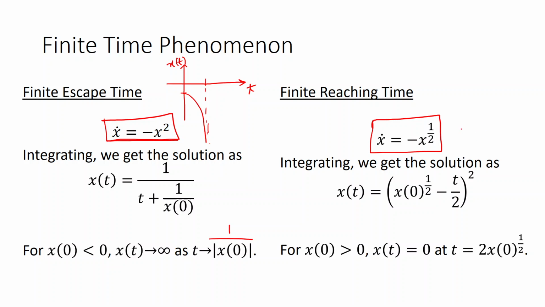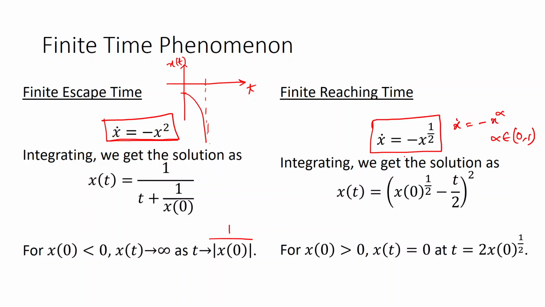In general, if you find dynamics like this, where alpha is in 0 to 1, this will have finite reaching time. You can actually solve for a general alpha in 0 to 1. You can integrate and you will find out that it happens like that.